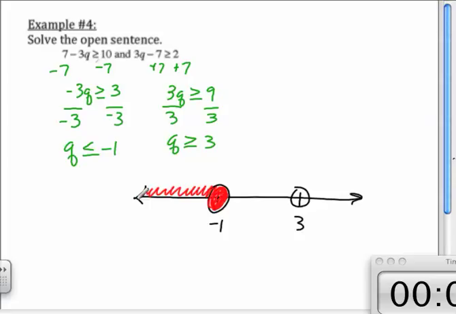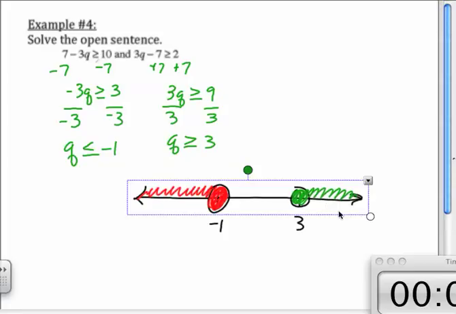The values of Q that solve the second one are 3, and all the ones greater than 3. But no value of Q over here for the first one will solve the second one. They have no overlap because it has to be this and that, and these two things don't overlap.